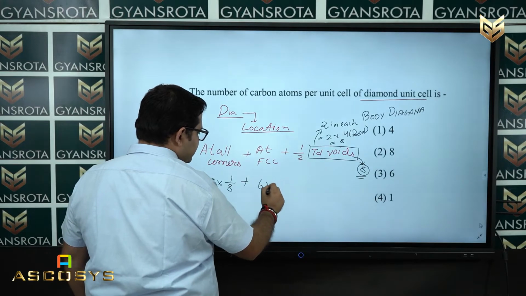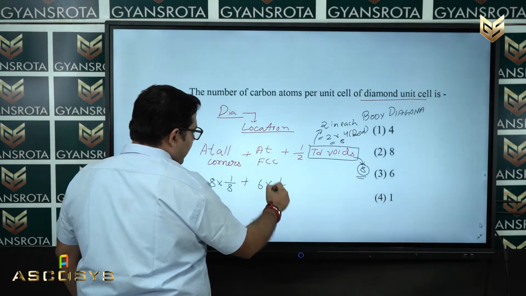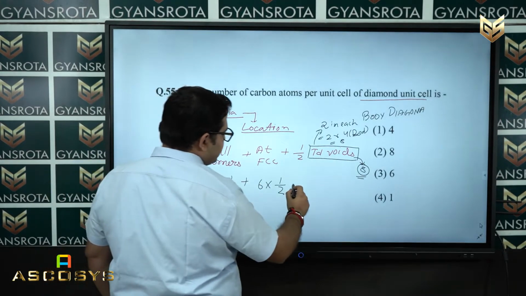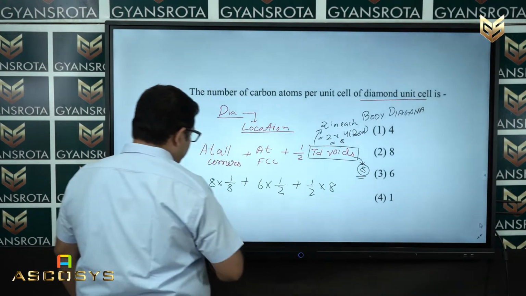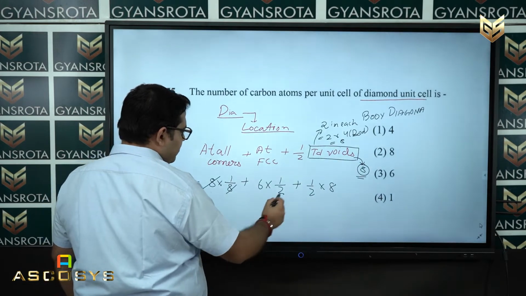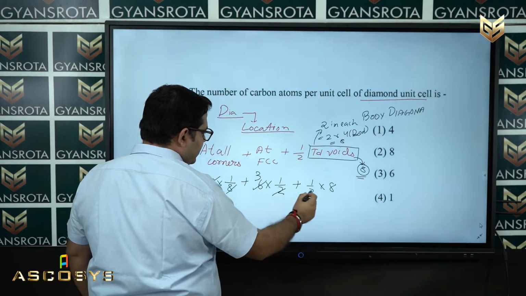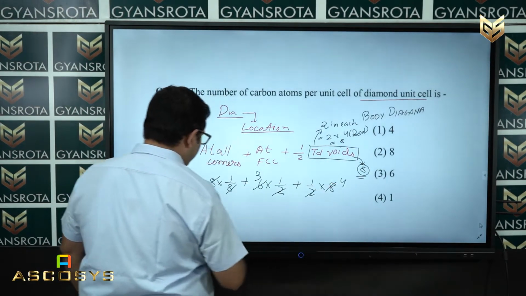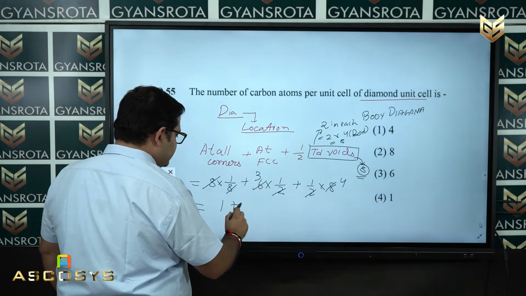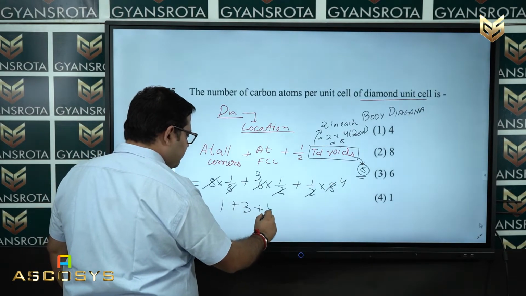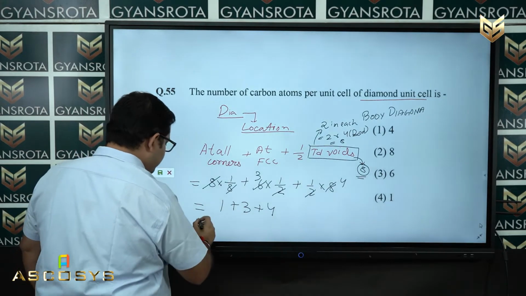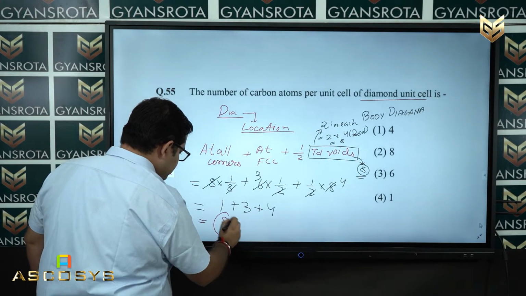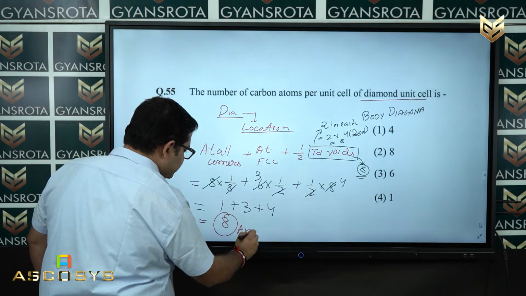FCC, that is 6 faces, half, this half we have also already discussed, half into tetrahedral voids is 8. So 8 will cancel out, it will be 3, and half into 8 will be 4. So 1 plus 3 plus 4, and the last answer will end up as 8. So 8 is the correct answer.